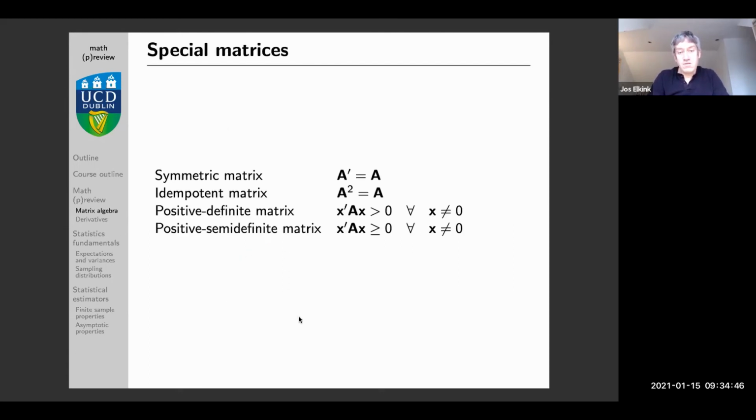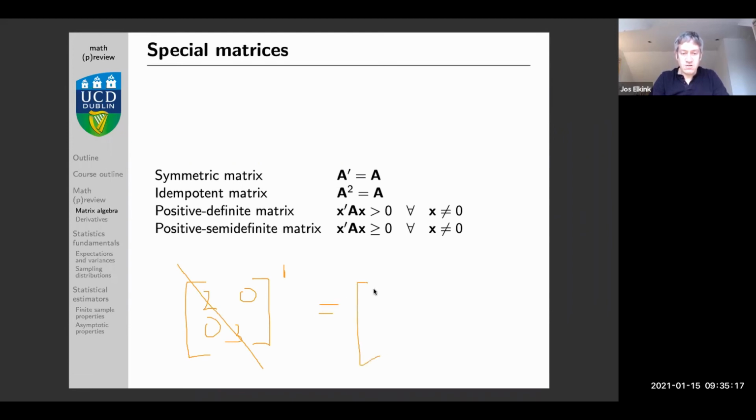A few special matrices I want to highlight. A symmetric matrix is a matrix that if we take the transpose, we get the exact same matrix again. Every diagonal matrix is by definition symmetric. So I have a 2 and a 3 and a 0 and a 0. This is a diagonal matrix because only on the diagonal are there numbers. And if I take the transpose, I end up with exactly the same, right?